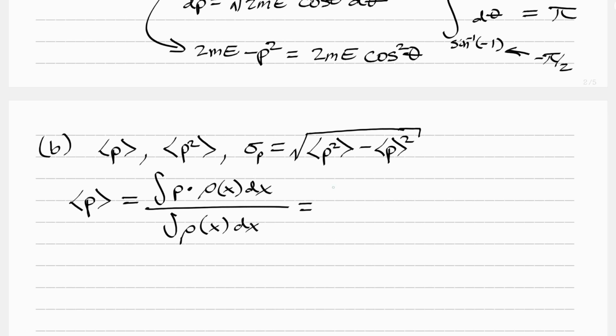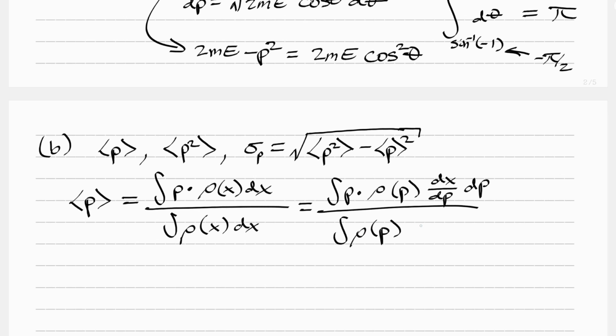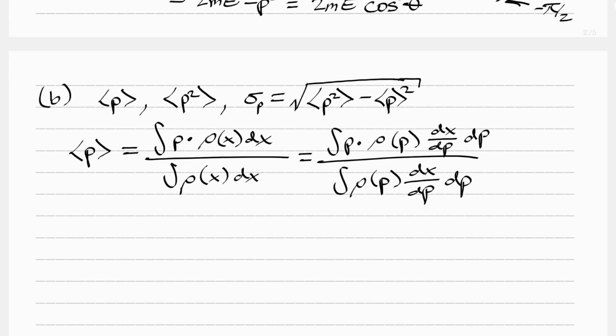This is the same thing as the integral of p times rho of p dx/dp dp, we know what dx/dp is, we did that before, all over the integral of rho of p dx/dp dp. So the only thing different about the numerator and the denominator is that factor of p right there. That's the thing, again, that we want the expectation value of. Well, we just found in part A that rho of p is equal to square root of mk over p times pi.